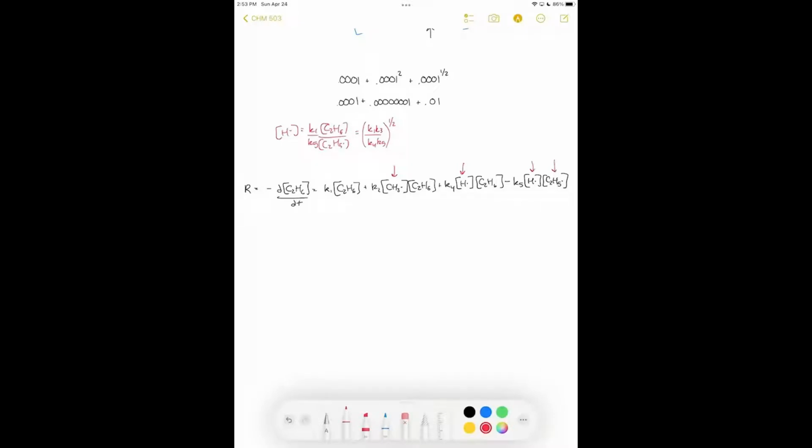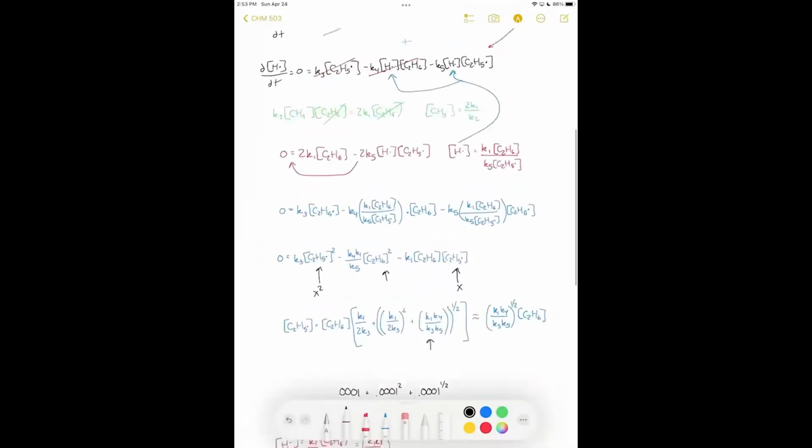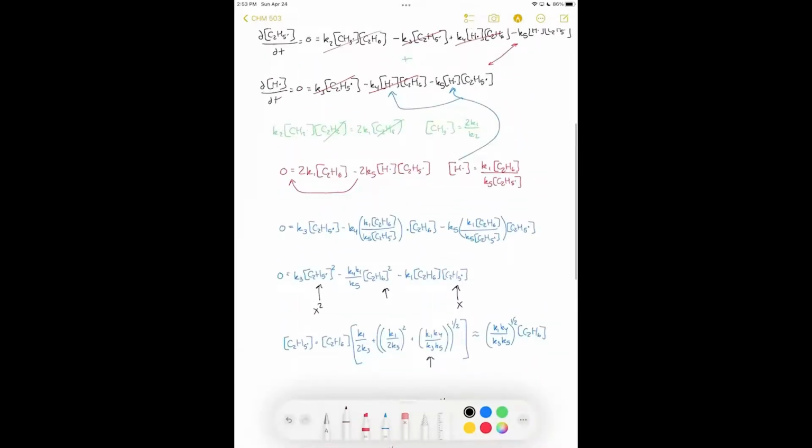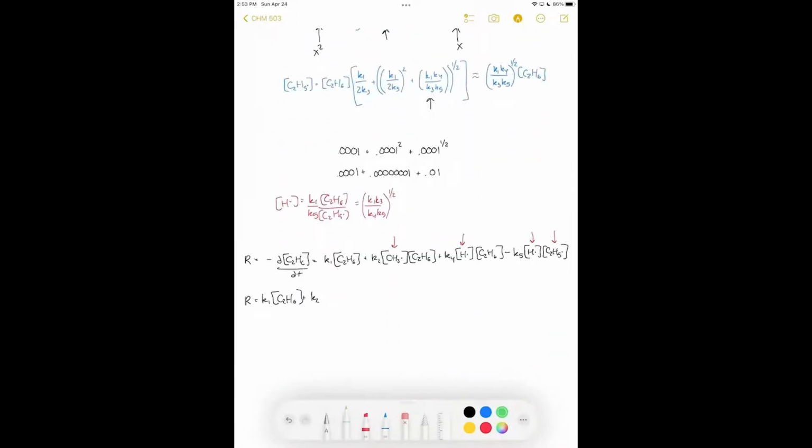So with this, we can say that the rate is equal to K1 times C2H6 plus K2. Now for the methyl radical, we said that was equal to 2K1 over K2. So we can say 2K1 over K2 times the concentration of C2H6 plus K4.